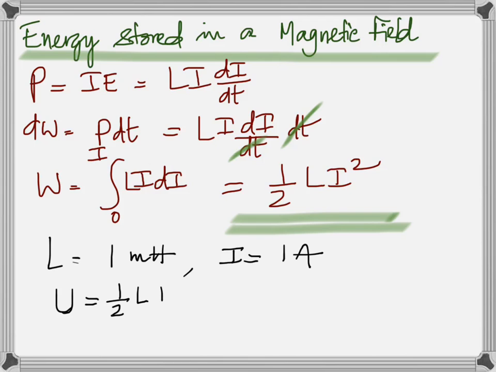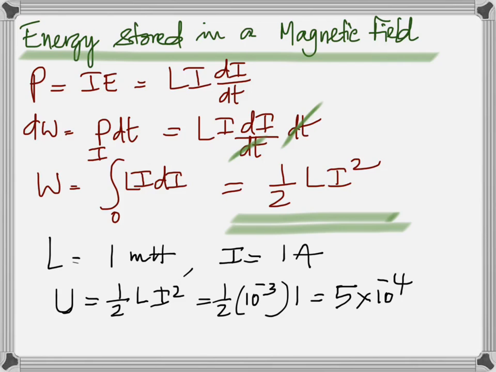It's in millihenry, so you have to change it into Henry. 1/2 Li squared. Simple case of substitution. 1/2 times 10 to the negative 3 times 1, that's 5 times 10 to the negative 4 joules.